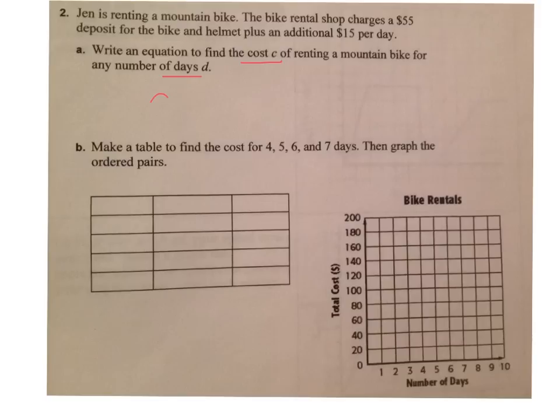So we want to know the cost. How do you get the total cost? We would pay $55 once, and then you're also paying plus $15 per day. So it makes sense that 15 matches up with our variable because that's the rate, and then the one-time payment is the number by itself.